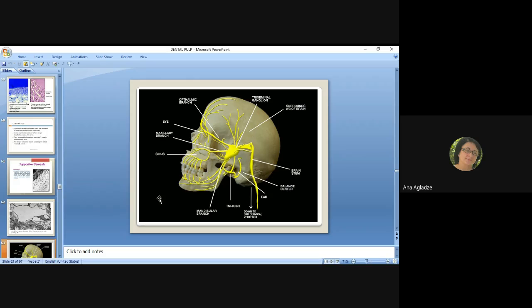Here you can see the distribution of nerves from the trigeminal ganglion. As was mentioned previously, the dental pulp is one of the most densely innervated tissues in the body.